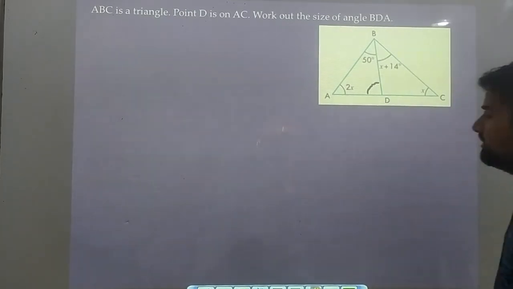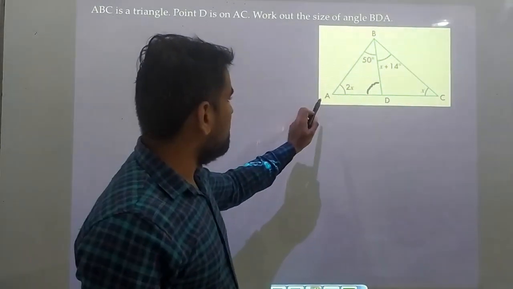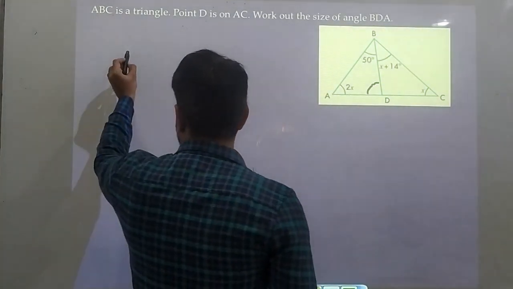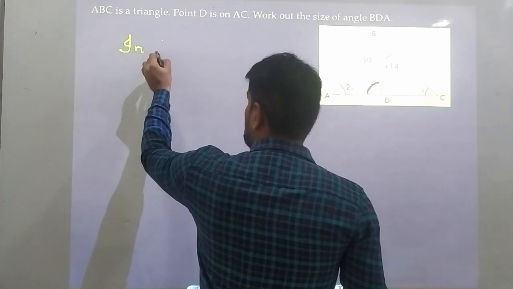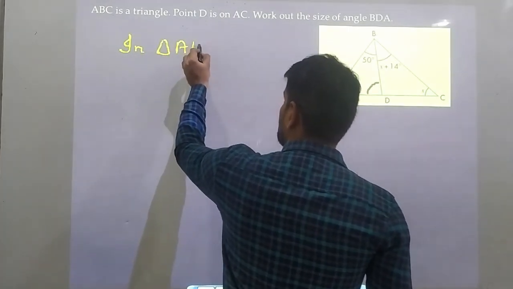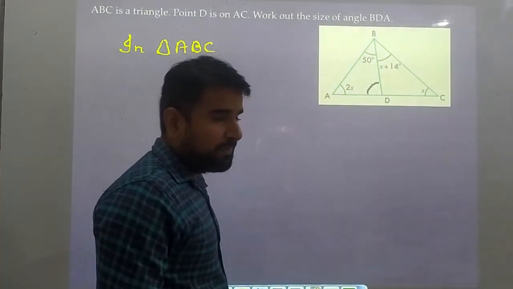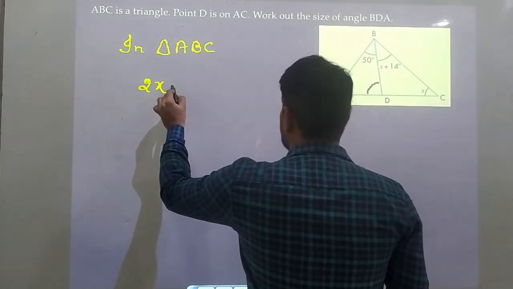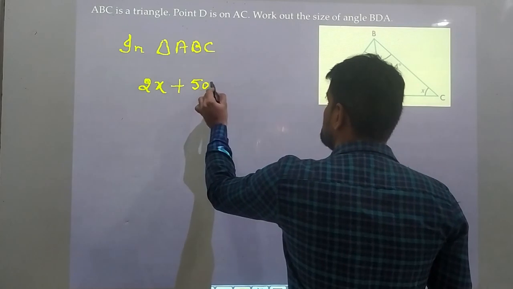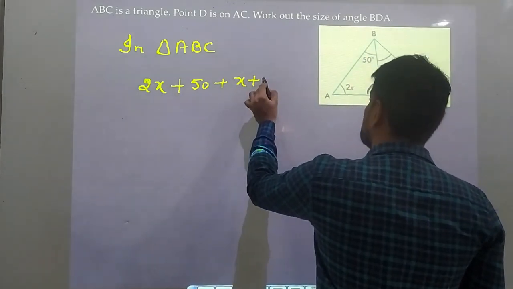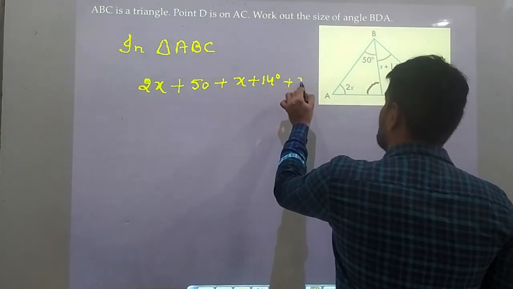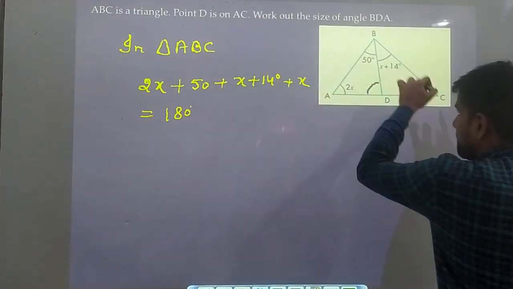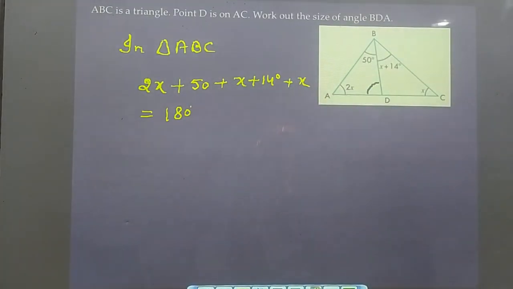To find this angle, if you observe the triangle ABC, I'll write like this: in triangle ABC, I can say that 2x plus 50 plus x plus 14 degrees plus x, the sum is equal to what? 180 degrees, because ABC itself is a triangle, a huge triangle.